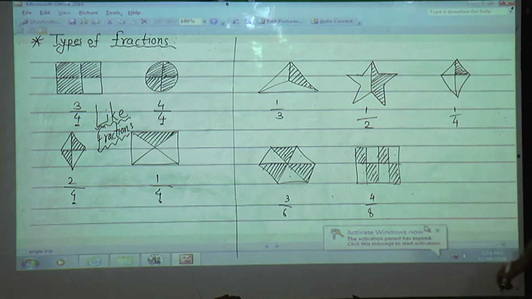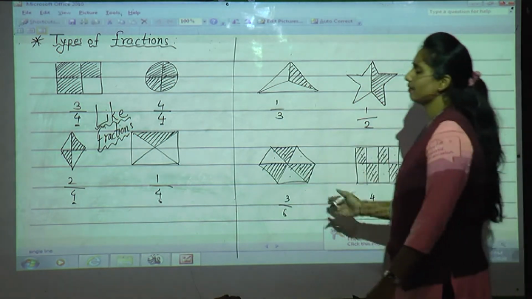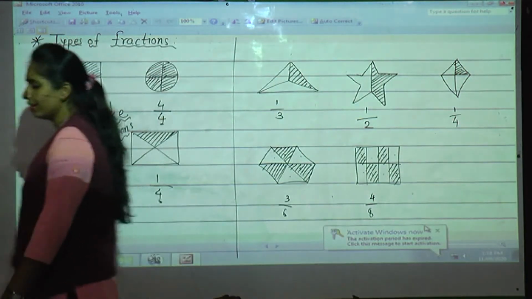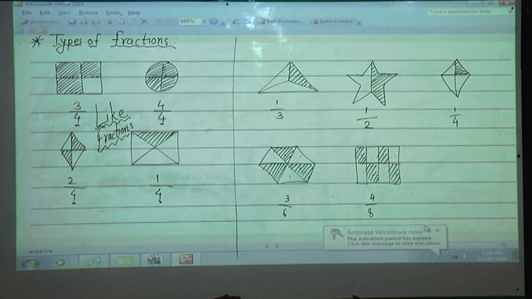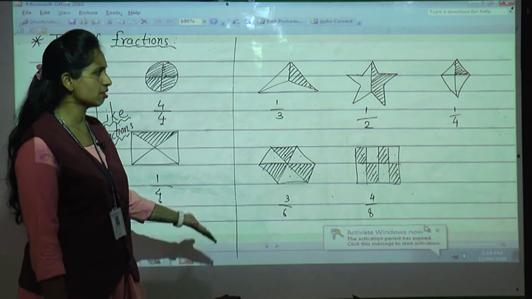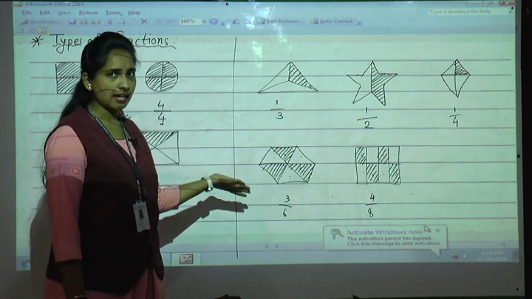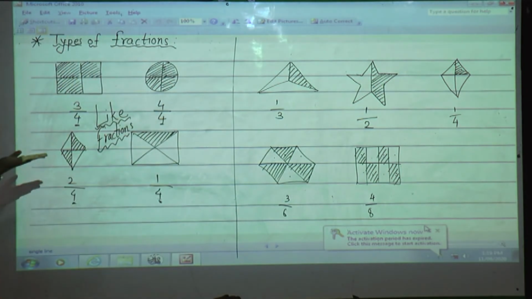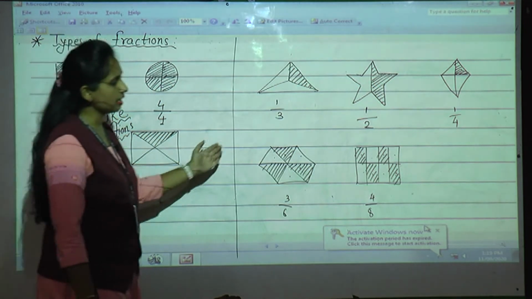Now what you can see in these fractions? Just observe these fractions. Can you observe any similarity in these fractions? How we observed in the earlier examples that all the denominators are the same. But what about all these fractions?